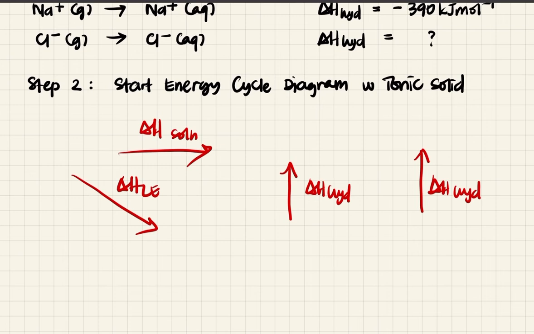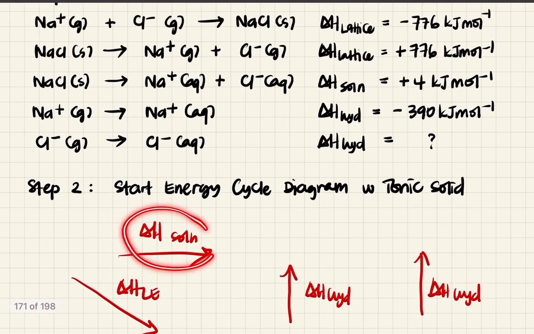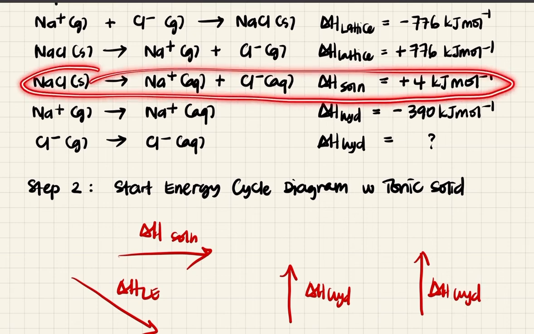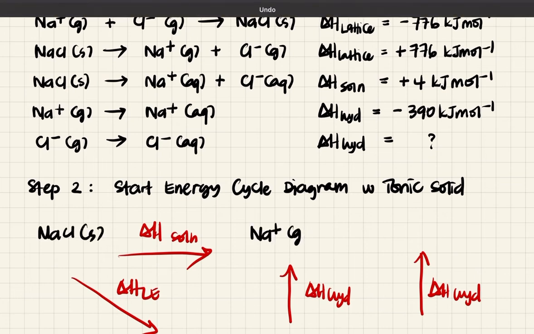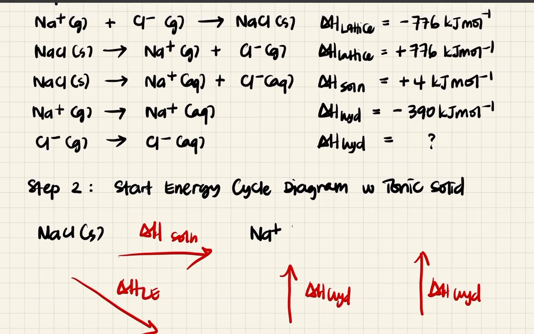So let's start with our first equation, delta H solution. You're going to take this one and then put it here. So we have NaCl solid, then you get Na plus aqueous plus Cl minus aqueous, because it is solution.